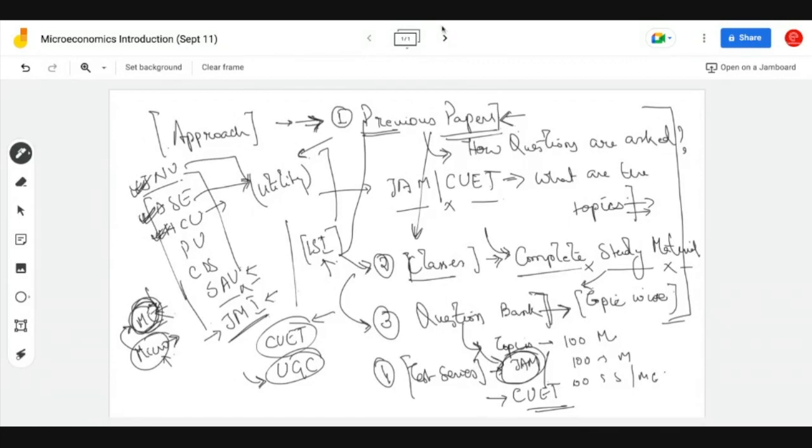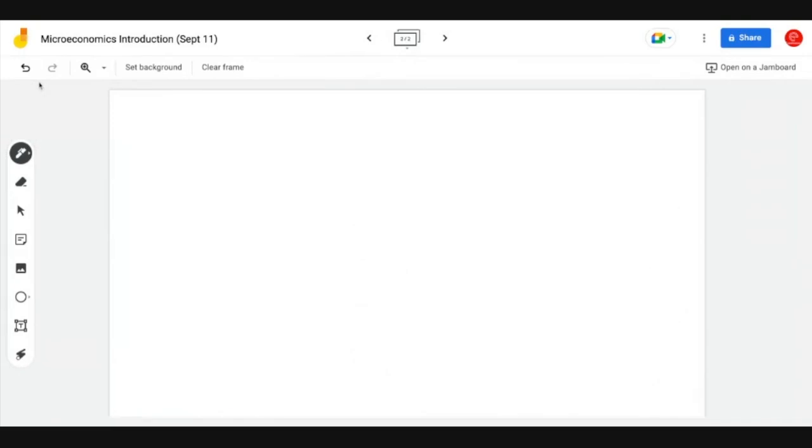So today we are going to start again with microeconomics, and within microeconomics, we are going to start with consumer theory. Some of the things that we'll study in consumer theory are similar to the theory of production.